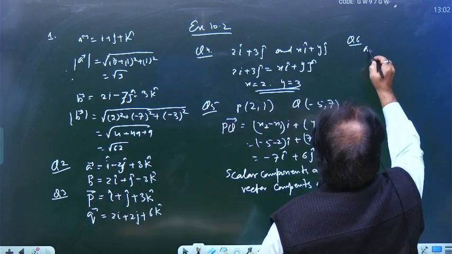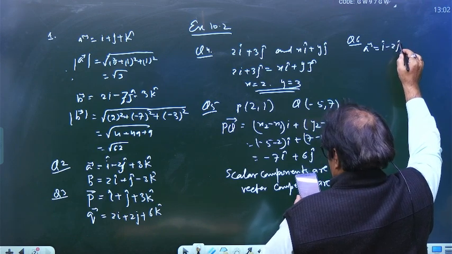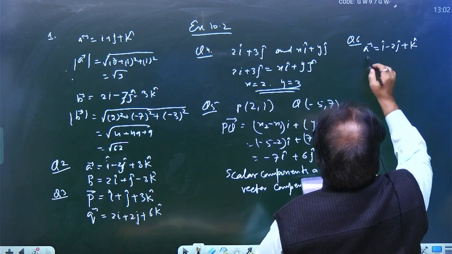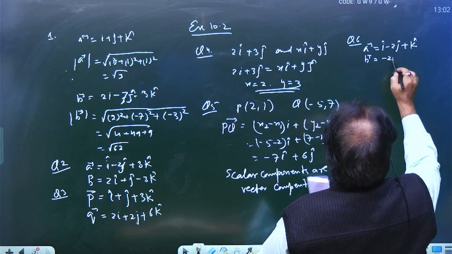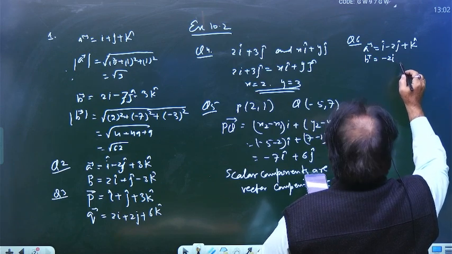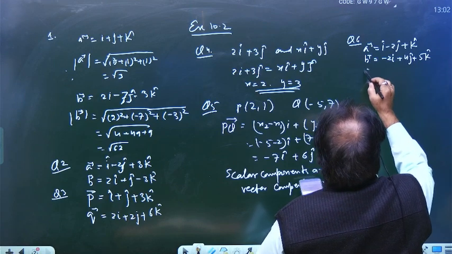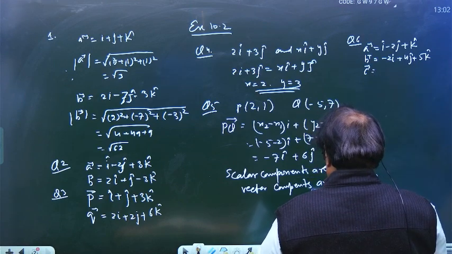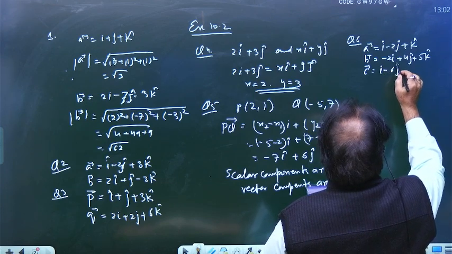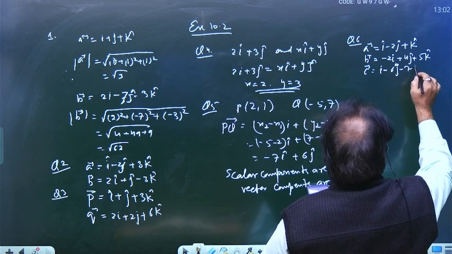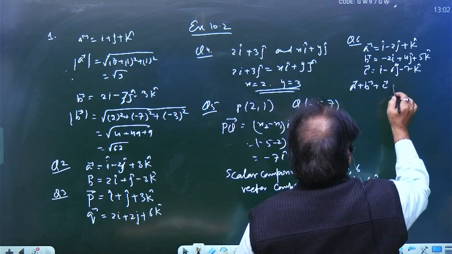Vector A is equal to i cap minus 2j cap plus k cap, and vector B is given as minus 2i cap plus 4j cap plus 5k cap, and vector C is equal to i cap minus 6j cap minus 7k cap. Then the question says find the value of A plus B plus C.